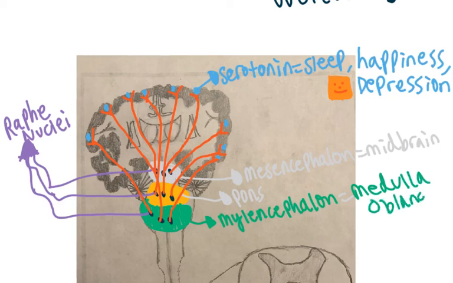All three of these structures have neurons that are part of the raphe nuclei, and these neurons all project out to the cerebral cortex, which is made of gray matter, unmyelinated axons. All of these axons project out and release serotonin. Serotonin is a very important neurotransmitter involved in sleep, happiness, and depression. And it's spelled like this.